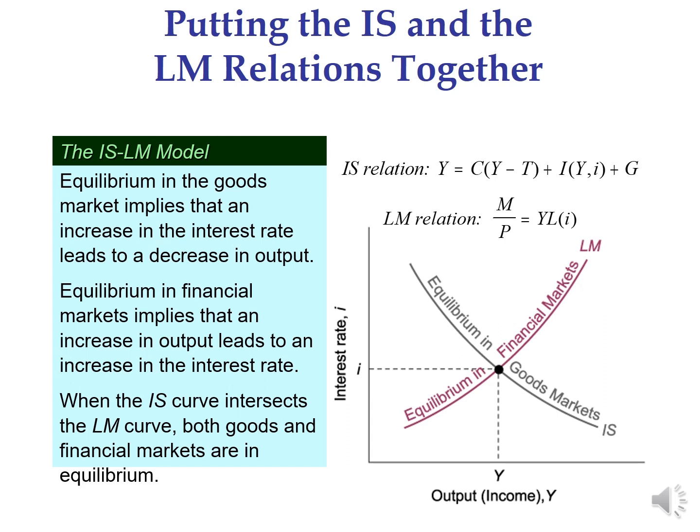This is about the goods market, and equilibrium in the financial market implies that an increase in output leads to an increase in the interest rate. So the IS curve intersects the LM curve. Both the goods and the financial markets are in equilibrium at point E, with i and Y. So both are at equilibrium at point E.